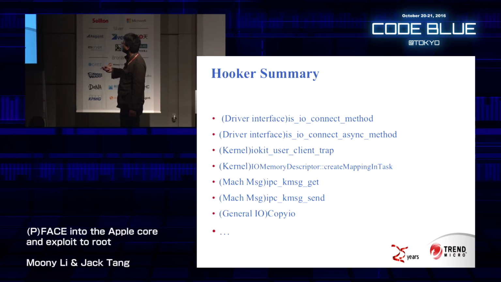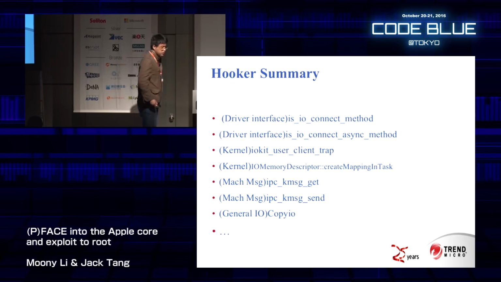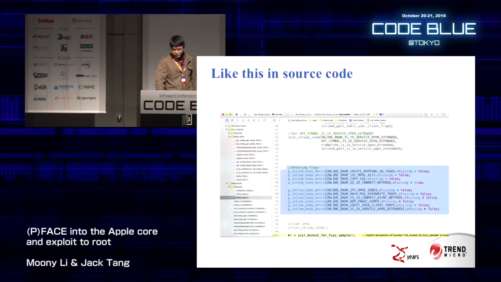These two, IOConnectMapMemory and allocate user client trap, are related to the OSX kernel itself. These two, IPC message send and get, are related to the Mach inter-process communication mechanism of OSX. And copyio is general across the whole kernel.